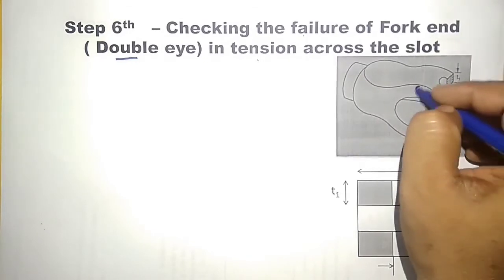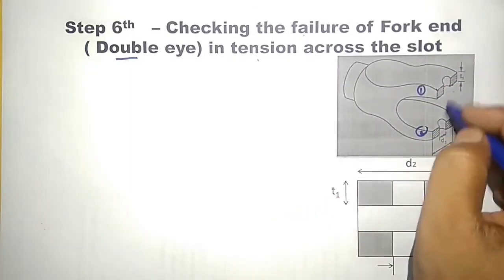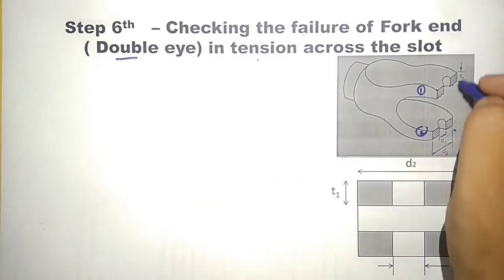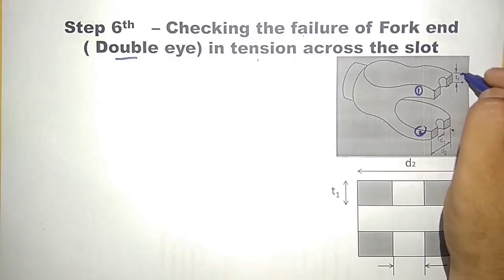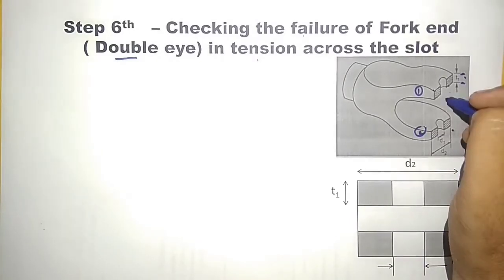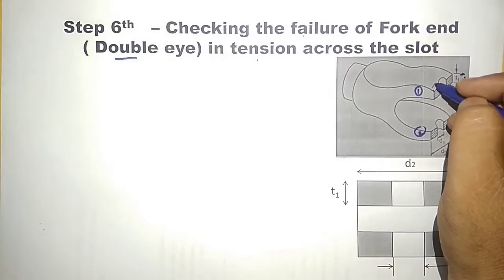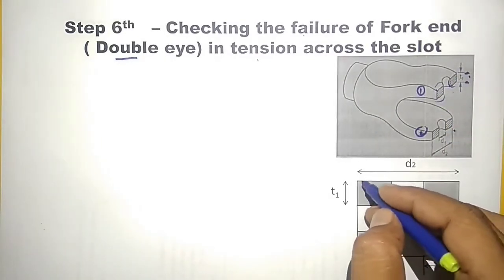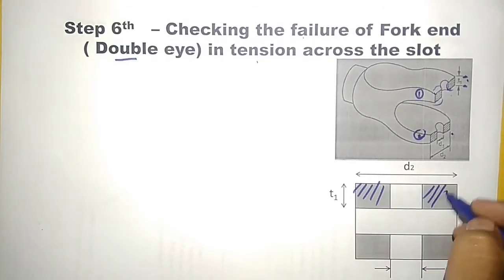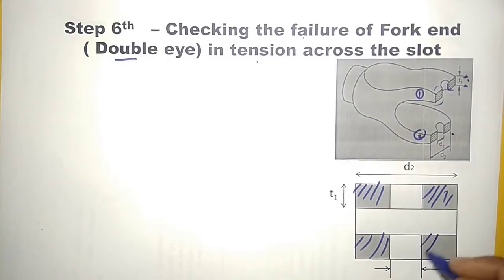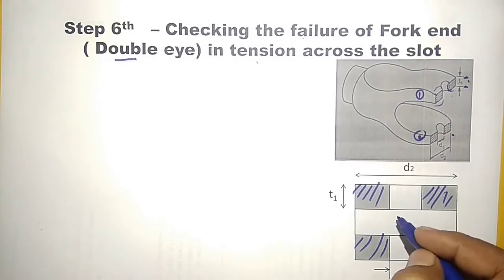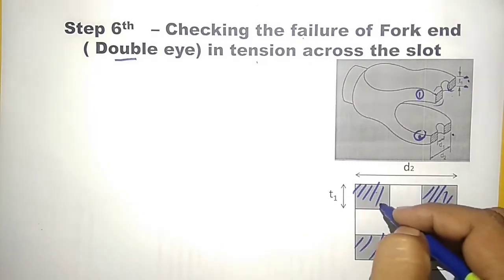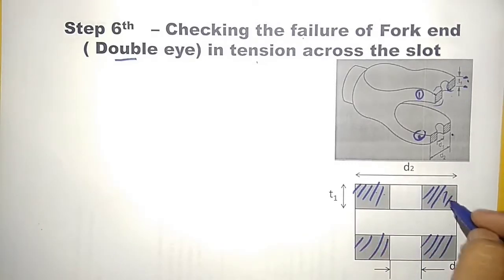This is the upper end and this is the lower end. These are the two ends of the fork. The thickness of the fork is T1, and the failure area is like this. So the cross section will be like this. Consider only this cross-sectional area, which is marked by the hatching.